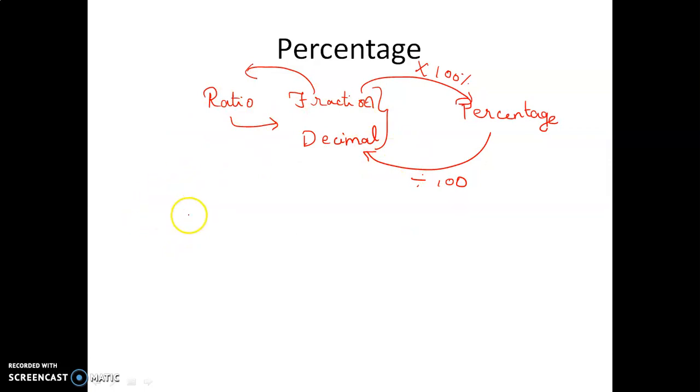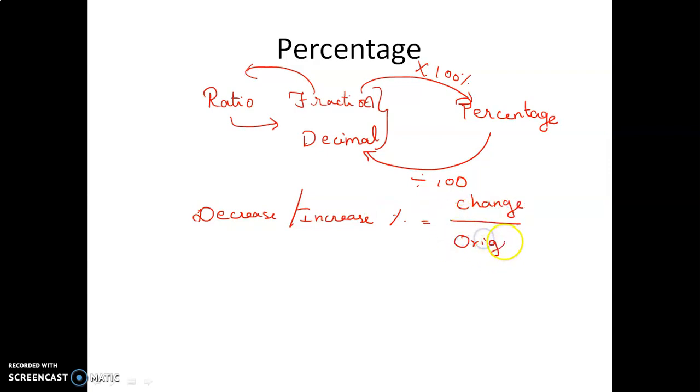Then what other things did we learn? Percentage decrease or increase. It can be anything. For that we find change divided by original, multiplied by 100 percent. It can be value or amount or population.